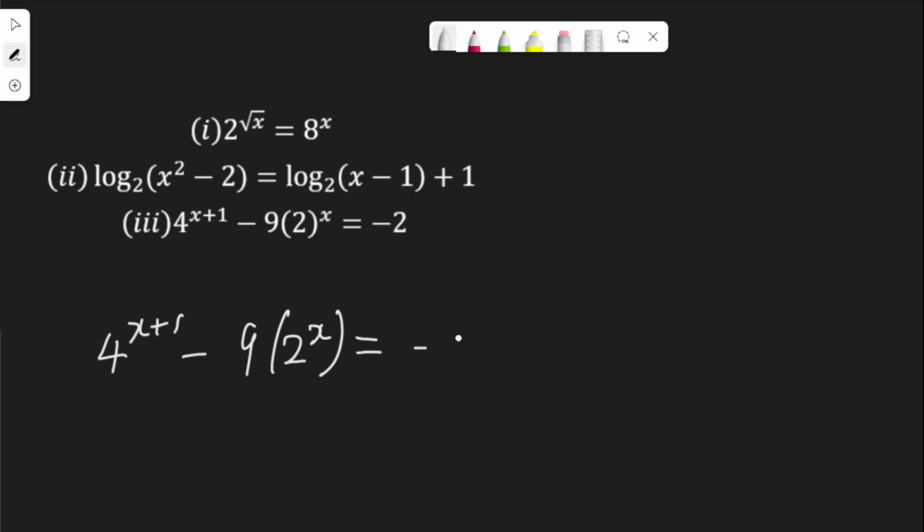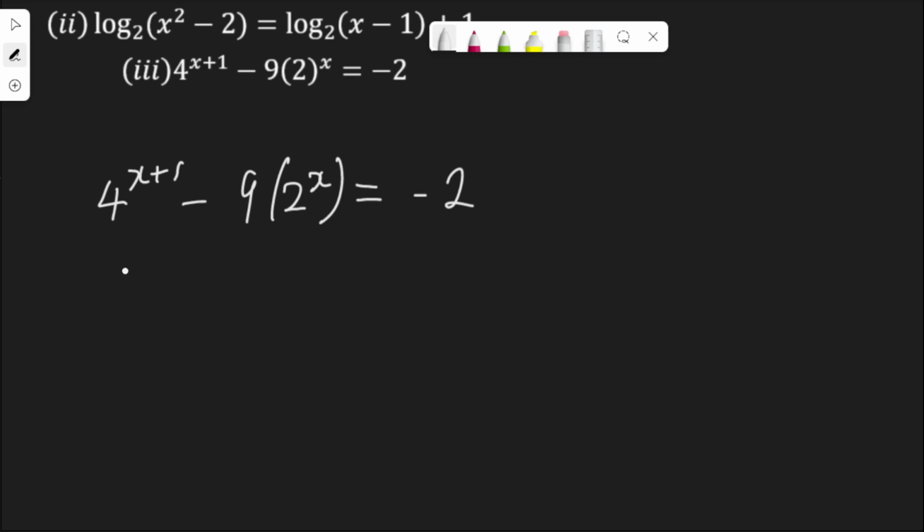Then equal to negative 2. Okay, let me start by moving this negative 2 to the left hand side so that the equation becomes 4 to the power of x plus 1 minus 9 multiplied by 2 to the power of x. When negative 2 crosses the equality, it becomes positive, equal to 0.